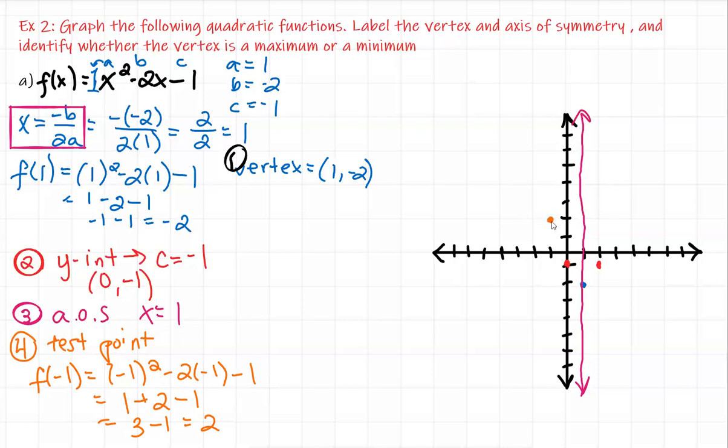And now I get to reflect it directly across. This one is 1, 2 away. So then on the other side, it should be 1, 2 away at the same y value. Okay, and now we get to make our beautiful parabola. Again, yours will probably be more beautiful.